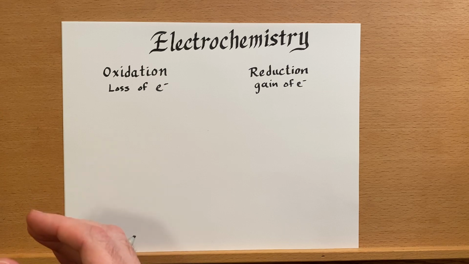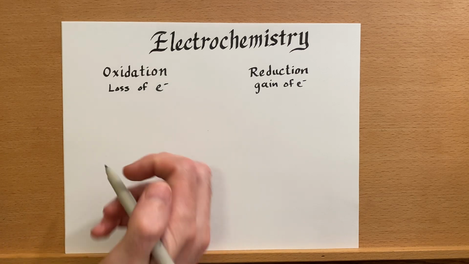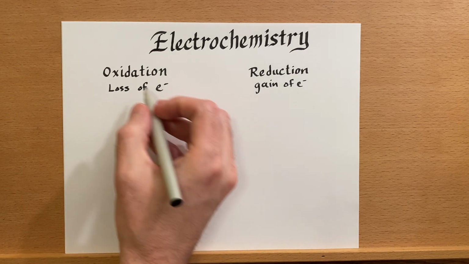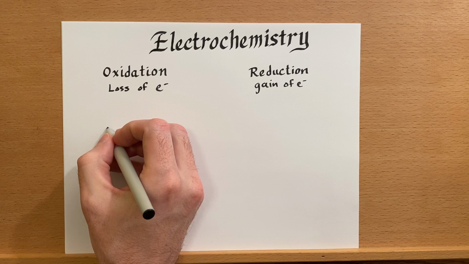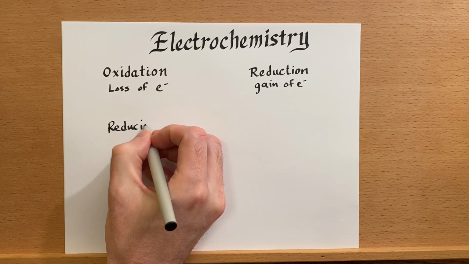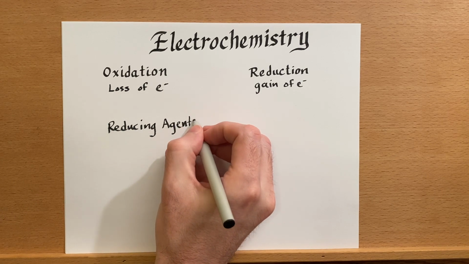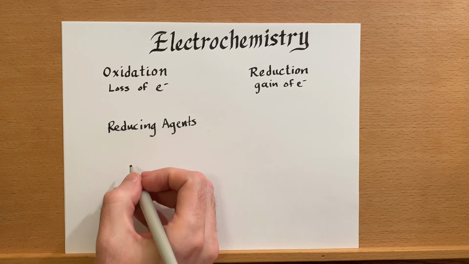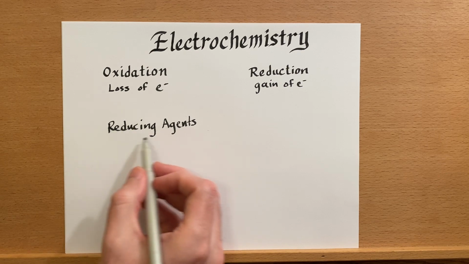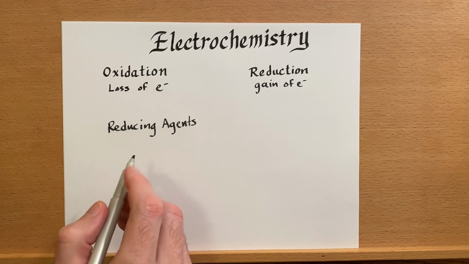It's what's causing the reduction. Well, to cause reduction, you'll have to lose electrons. So reducing agents fall under this category of oxidation. Since they will be giving away the electrons to cause the reduction of something else.